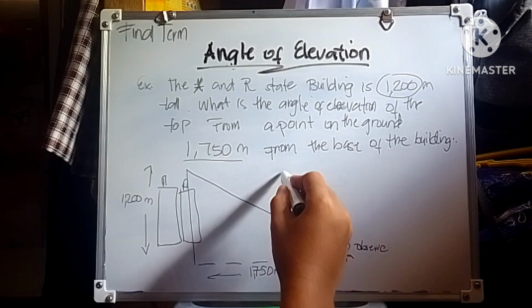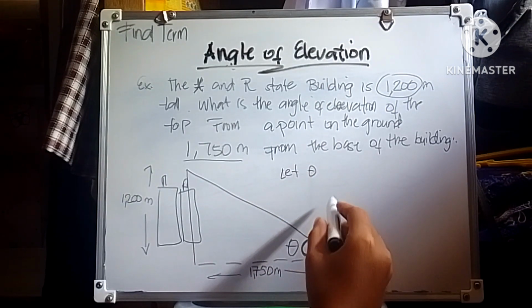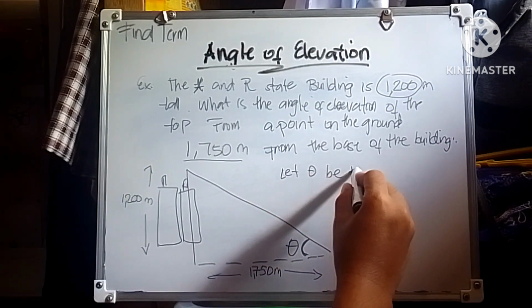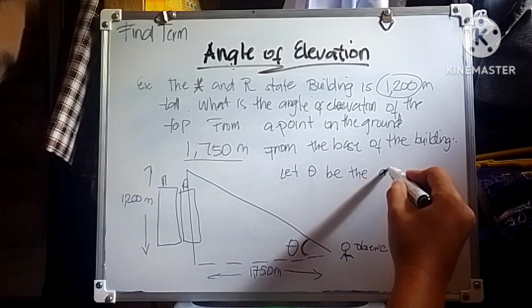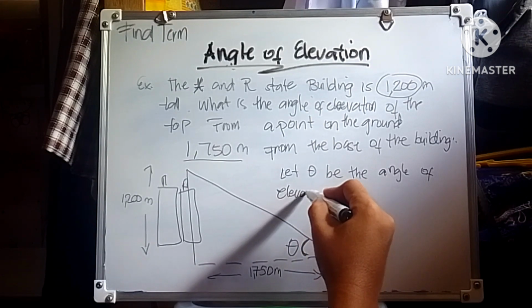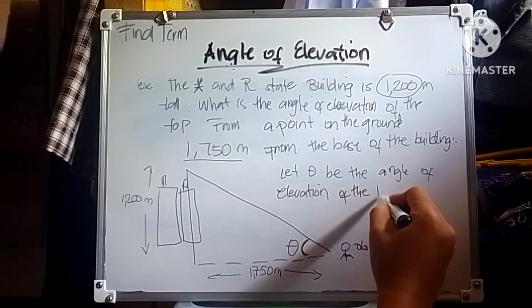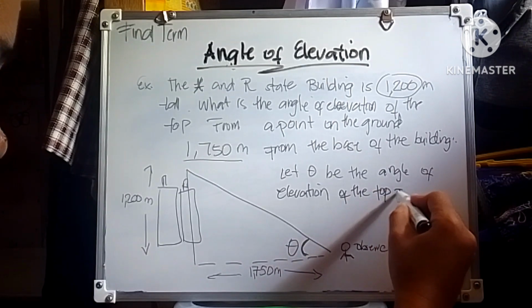So here is what we call the angle of elevation. Let theta be the angle of elevation, which means we need to find the angle of elevation in this problem.